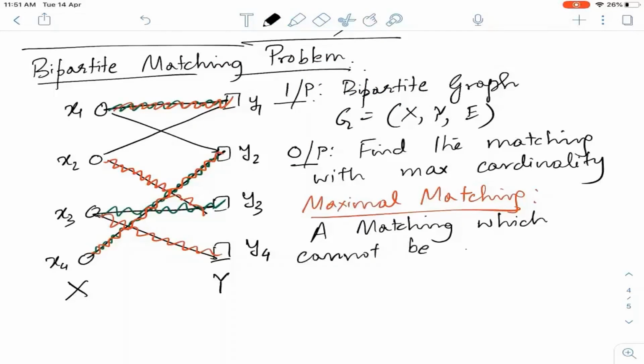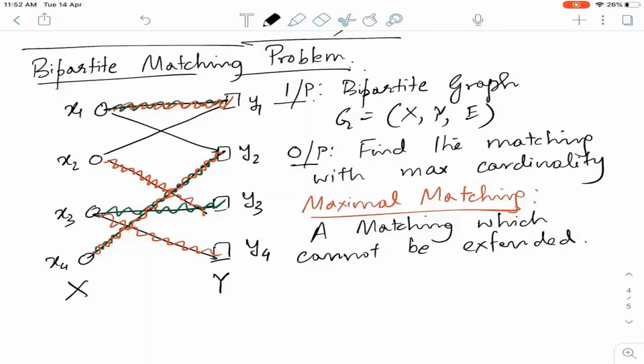Yeah. So the green edges form the maximal matching. Please remember, maximal matching is not a maximum matching, clearly, as in this example. Yeah. So maybe you could have done things differently, which would have given you a larger matching.